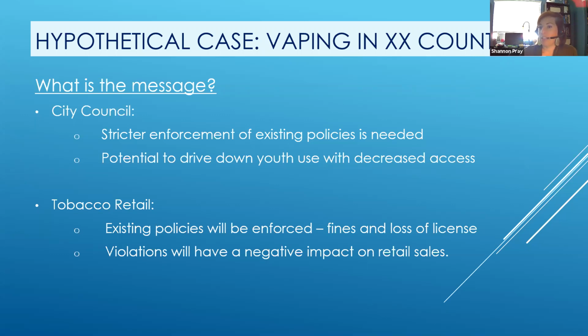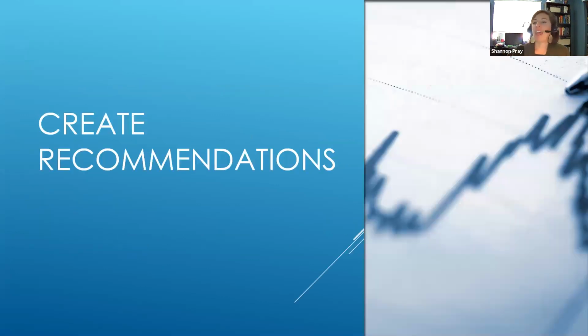There could be fines and loss of tobacco retail licensure, and those kinds of violations will have a negative impact on their retail sales overall if they're not able to have those products in the store at all, or whatever it is. Again, totally hypothetical. I know you guys exist in a somewhat different world in what you're working on.